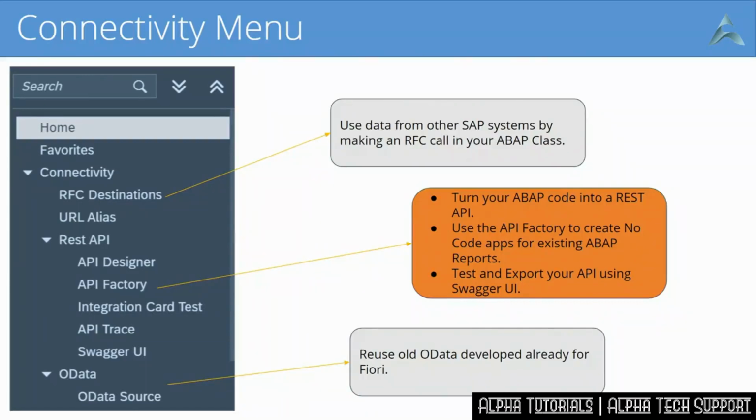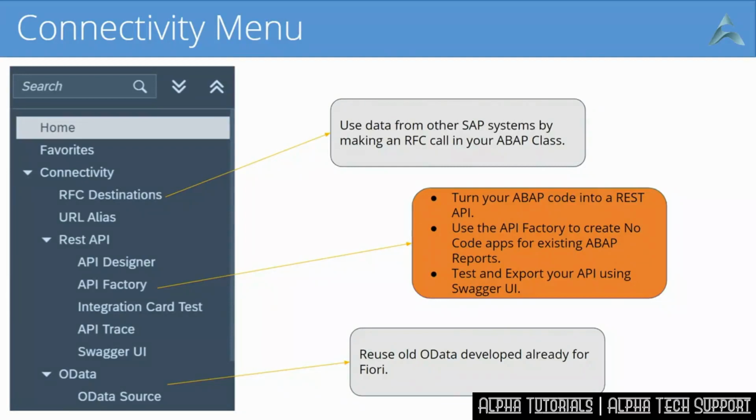When you migrate from dev to QA to production, typically your RFC destinations change with the system. So there's a way to make it dynamic so that you're not having to create a separate set of code or a separate ABAP class for each dev, QA, and production system.